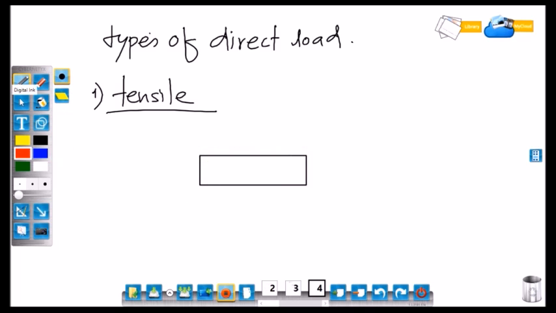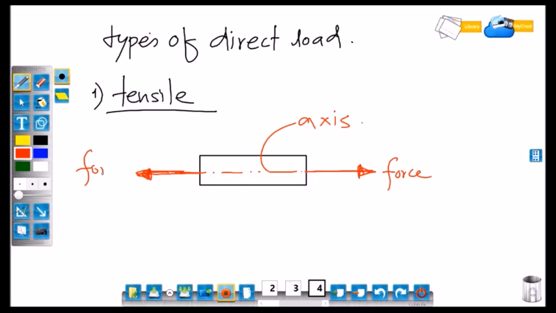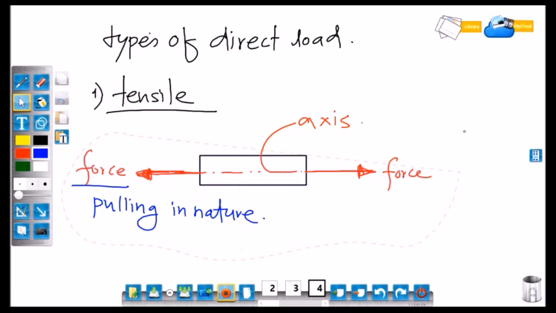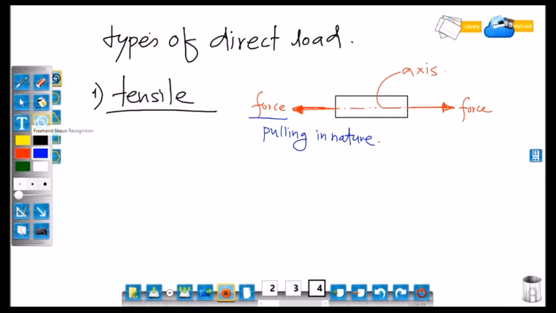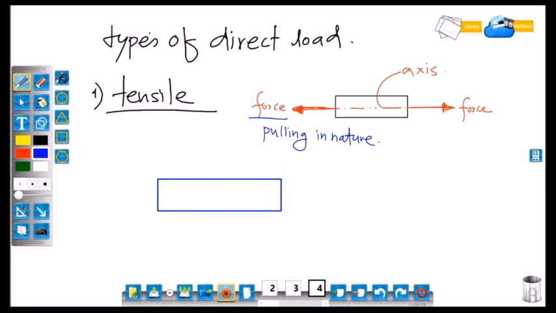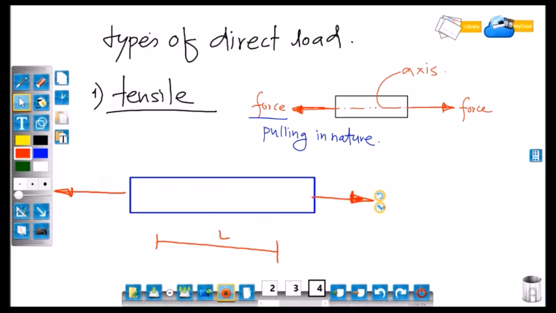Consider a body and this is the axis of the body. Two forces are acting on either side of the body which are pull in nature. When two forces are acting on the body, what will happen?